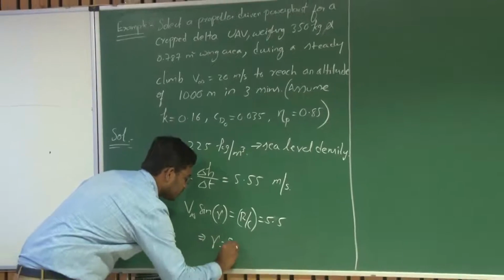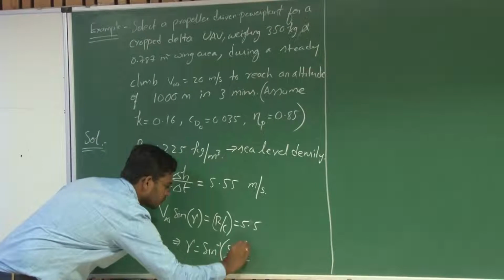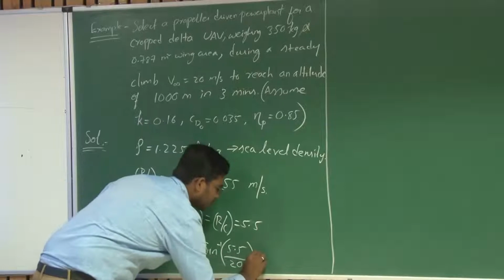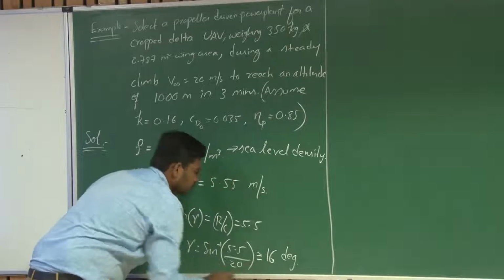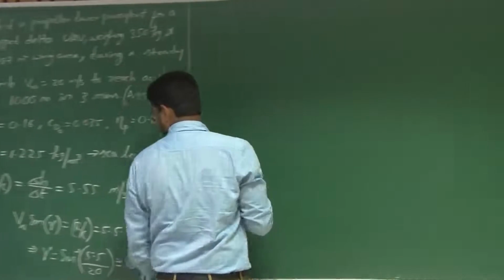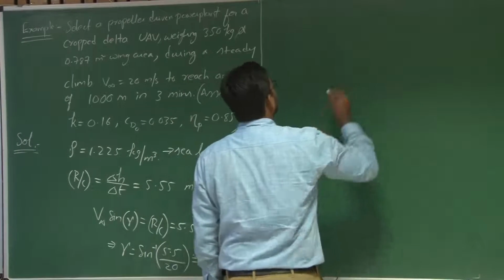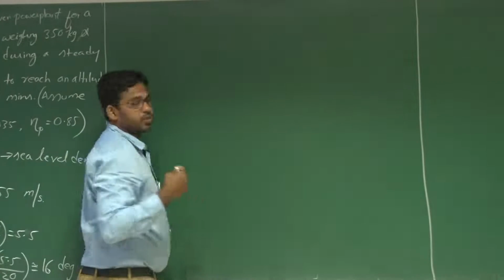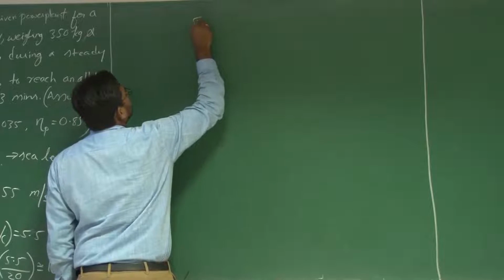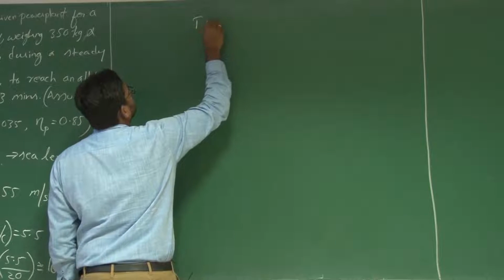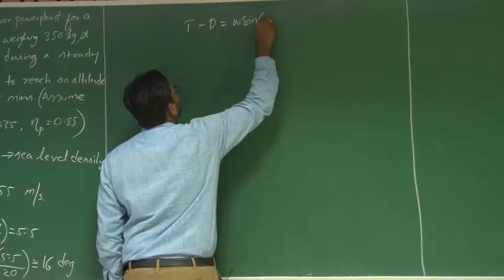Gamma is sine inverse of 5.5 divided by 20 meters per second, which is approximately 16 degrees. Gamma is 16 degrees here. So, from the climb equations CL1 and CL2, T minus D is equal to W sine gamma.